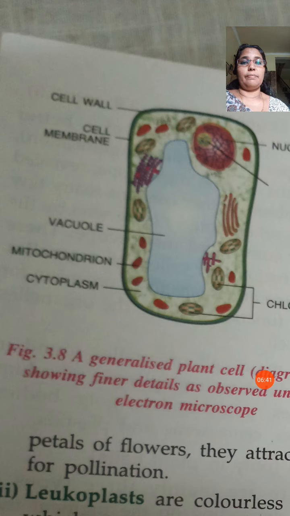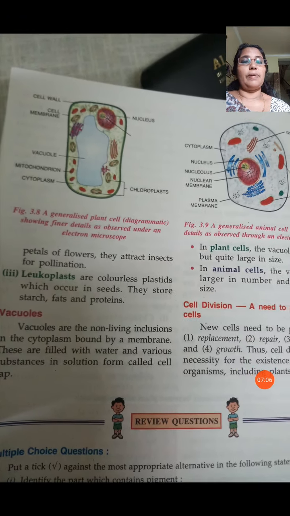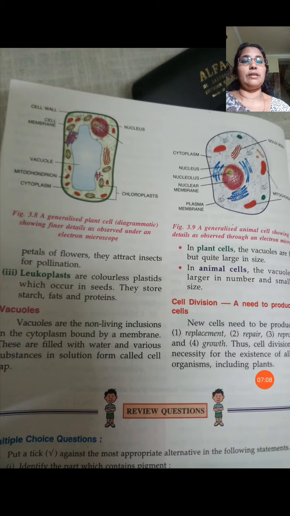Then there is a large white-colored vacuole containing cell sap. That is liquid water that may dissolve certain substances. Sometimes certain food materials are also stored by the cell. Big vacuoles we can see in the plant cell, but in animal cell you cannot see such a large vacuole.